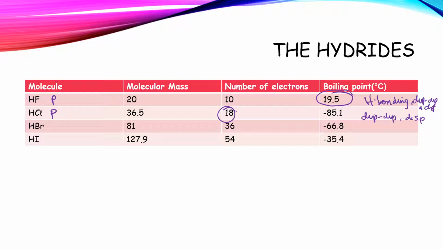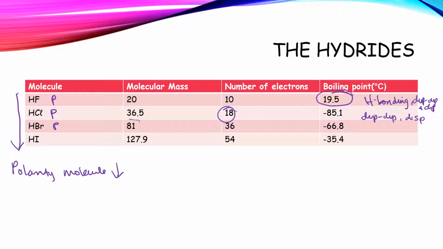When you get to hydrogen bromide, however, it's still a polar molecule, but bromine is much less electronegative than chlorine. So the polarity of the molecule has decreased. So what we're seeing here as we go down the periodic table is the polarity of the molecules is decreasing.